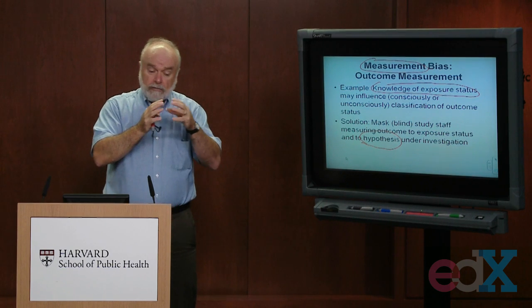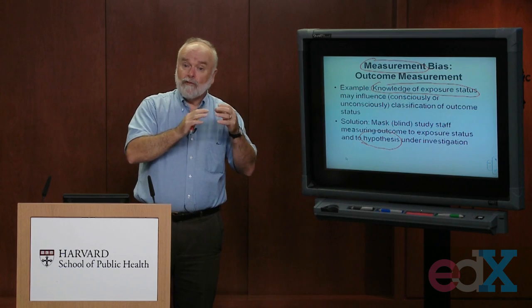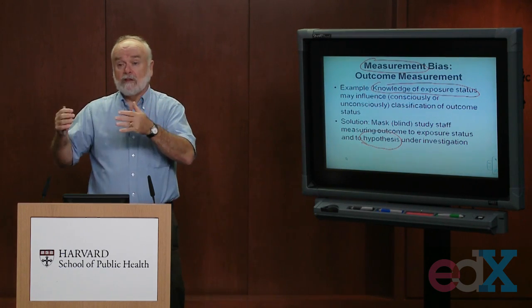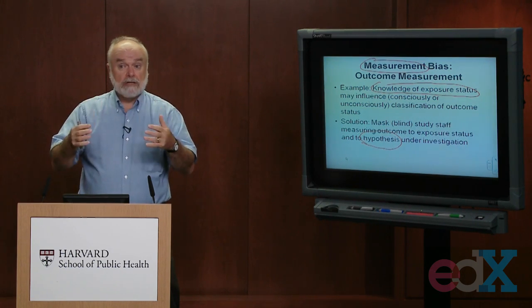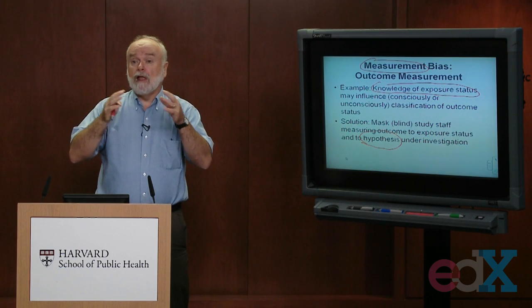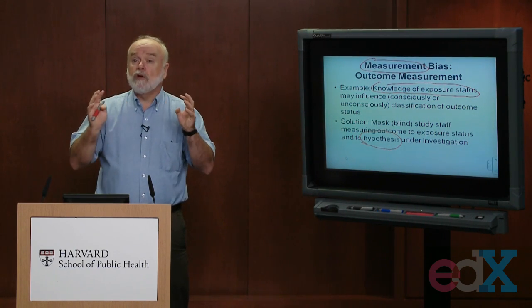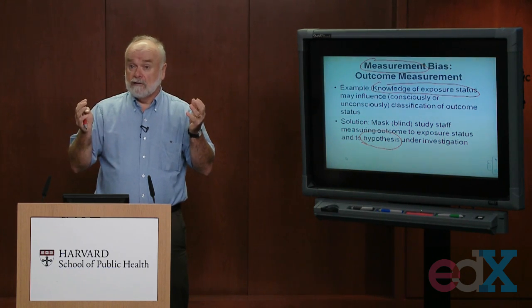The interviewer doesn't know that the answer to the statin question is the exposure of interest, and therefore they can't use that knowledge to influence how they record the outcomes on that individual. So there is a potential, at least, to minimize the role of this reporting bias, perhaps by blinding the interviewer to the research question itself, what the exposure is and what the outcome is for this particular study.